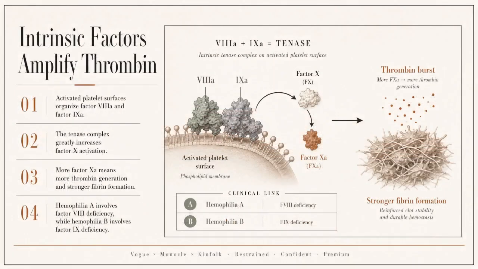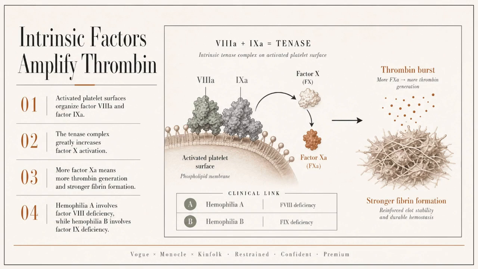While tissue factor initiates coagulation, the intrinsic pathway plays a major role in amplifying thrombin generation to ensure a robust clot. Factors IXa and VIIIa come together on the surface of activated platelets, forming what we call the intrinsic tenase complex. This complex efficiently activates factor X, leading to a significant burst of thrombin.